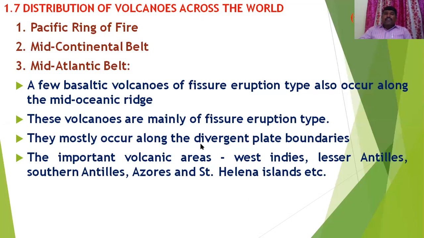These volcanoes mostly occur along the divergent plate boundaries or margins. The important volcanic areas include the volcanoes of West Indies Islands, Lesser Antilles Islands, Southern Antilles Islands, Azores Islands, and St. Helena Islands in the Atlantic Ocean.